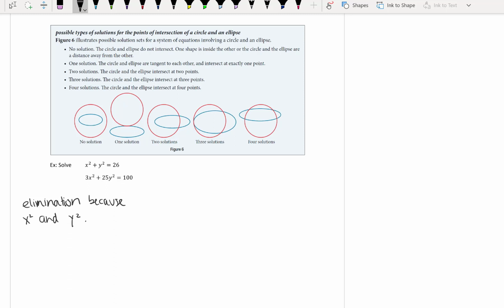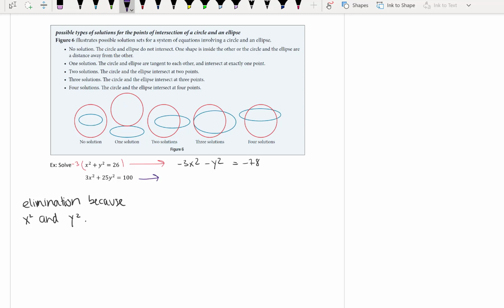So both the x and the y are squared, and this is what tells me to do elimination. So that tells me that for the first equation up here, if I'm going to do elimination, I want to multiply it by a -3. So I'm going to have a -3x squared minus y squared is equal to a -78.